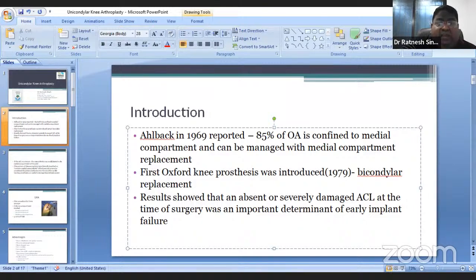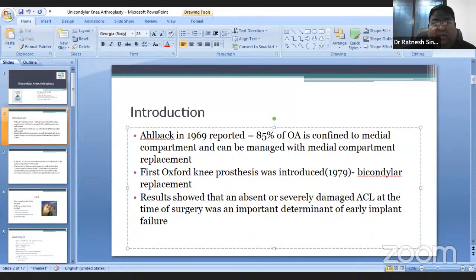Unicondylar knee can be done in all three compartments. That could be the medial compartment replacement; in the lateral compartment, you can do the lateral compartment replacement; or you can do it for patellofemoral osteoarthritis. An independent patellofemoral component is also available, and that compartment can also be replaced.